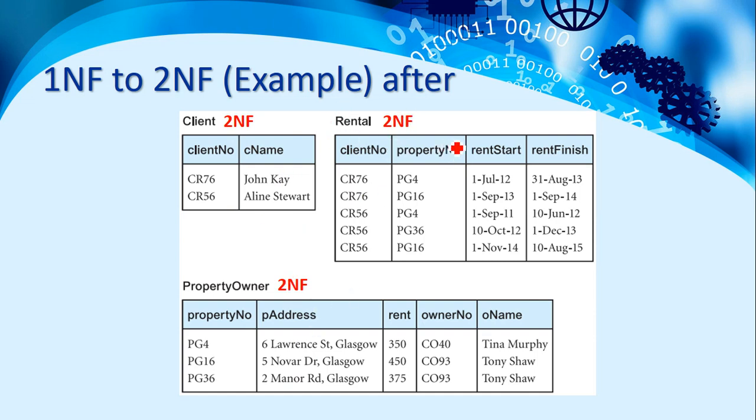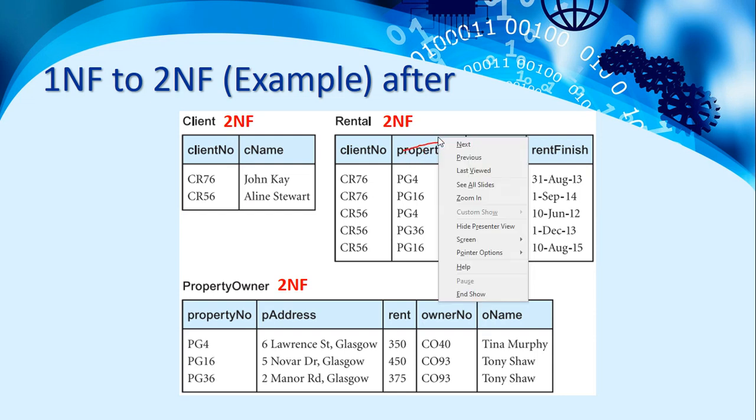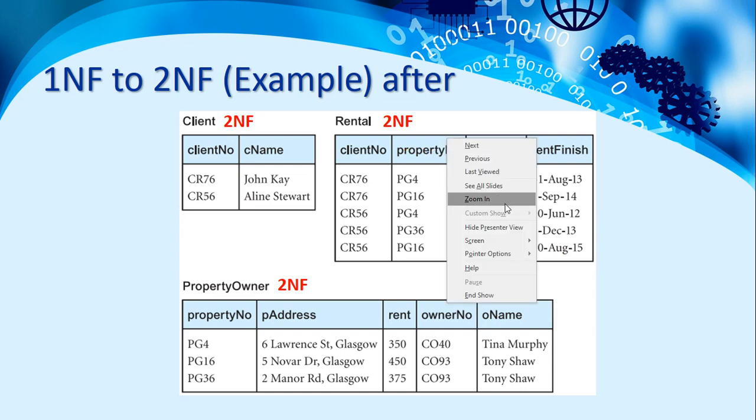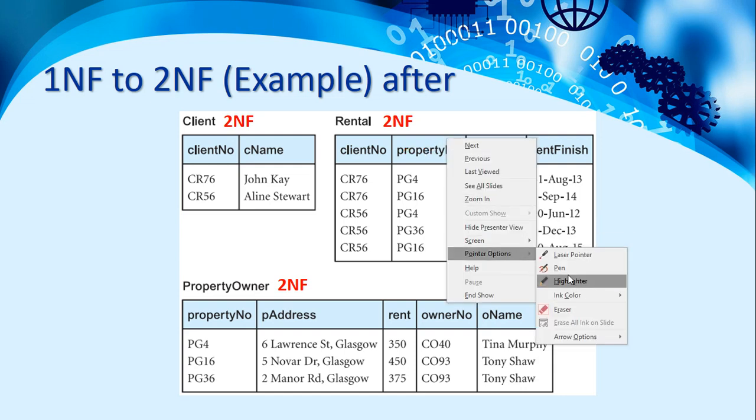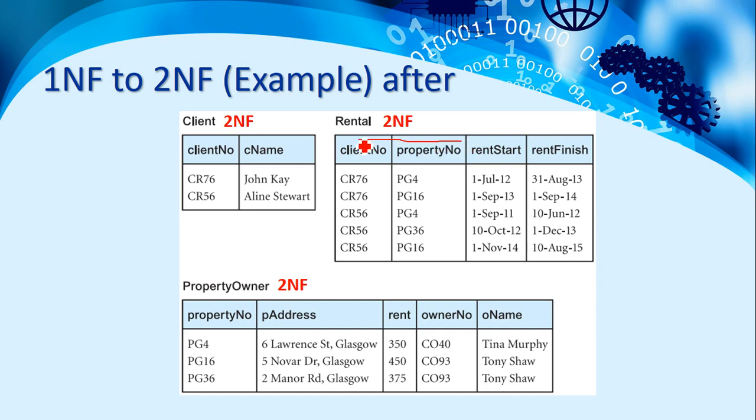This is considered already 2NF because this is the primary key, and it functionally determines the rent start and also functionally determines the rent finish. Removing either one of these makes the dependency not exist anymore. So yeah, correct.